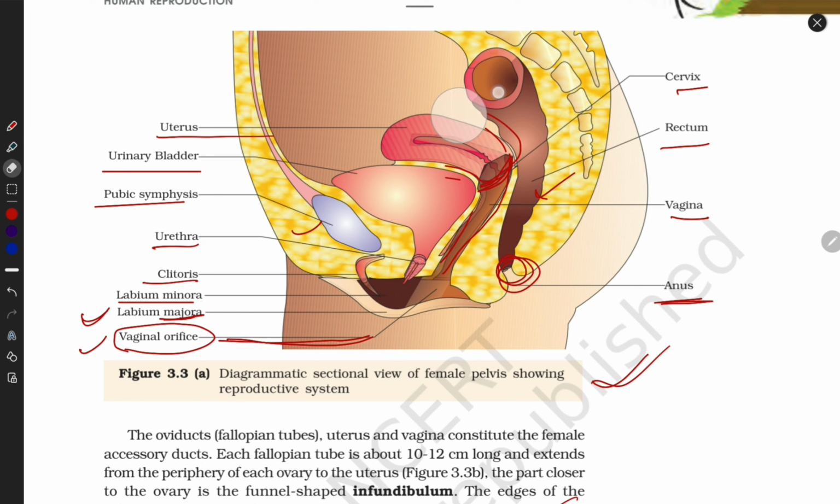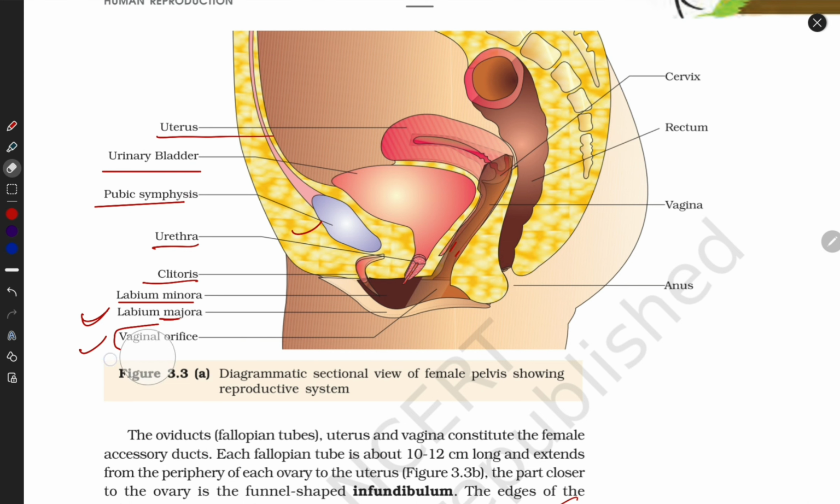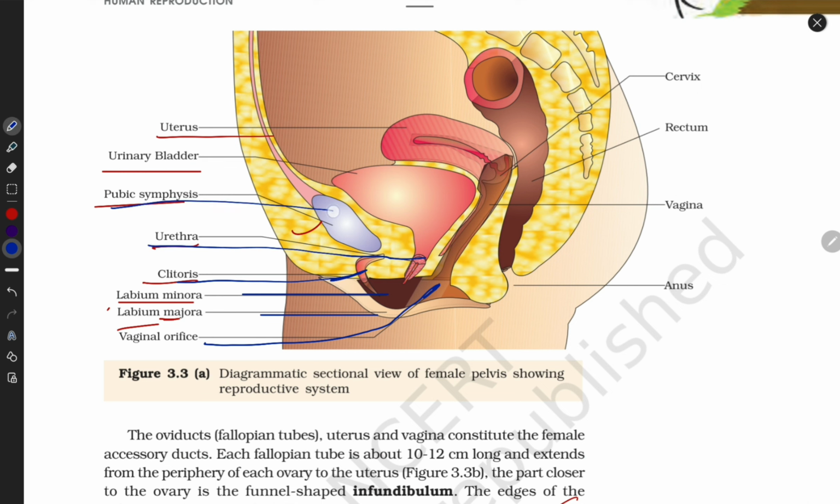Let me erase, and you can visualize which organ is present where. I repeat once again: this is the vaginal tract, this is the majora part, this is the minora, this is the clitoris, urethra, pubic symphysis, urinary bladder, uterus, rectum, cervix, the point between uterus and vagina, the long vagina, and the anus, this opening is the anus.